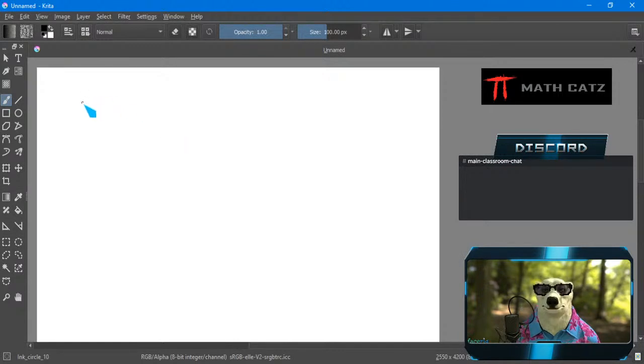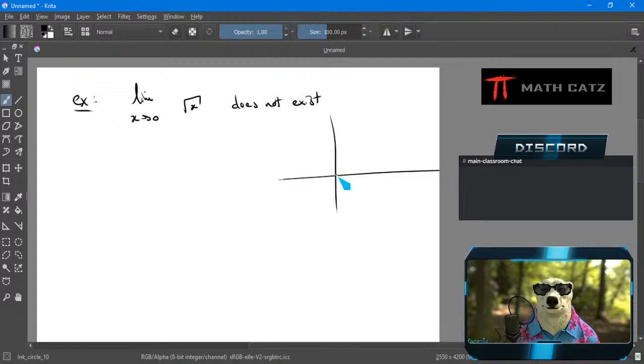Okay, so we talked about the limit as x approaches 0, for example, with the square root function, that it does not exist due to a technicality in the definition of this limit and what it means. When I have a function that has an endpoint in its graph, it's not defined for a whole section of x values.